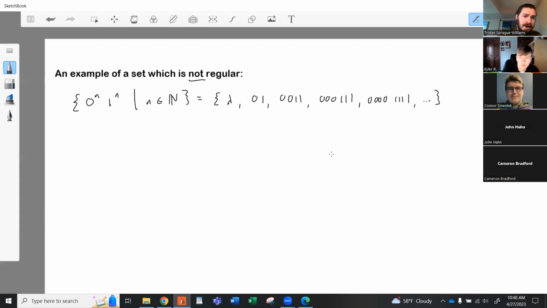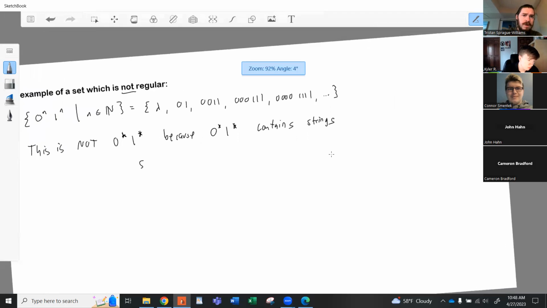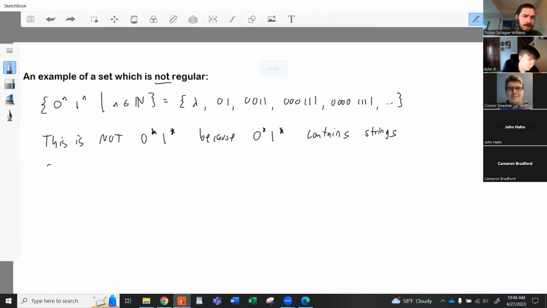So let us be very clear. This is not 0 star 1 star. Because 0 star 1 star contains strings such as 1 or 001 1111.